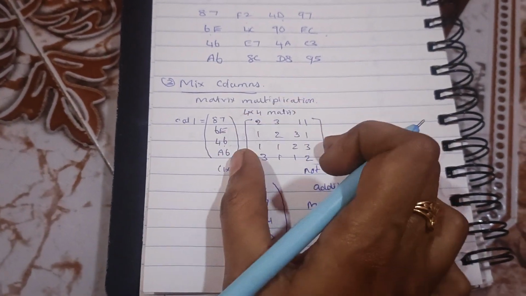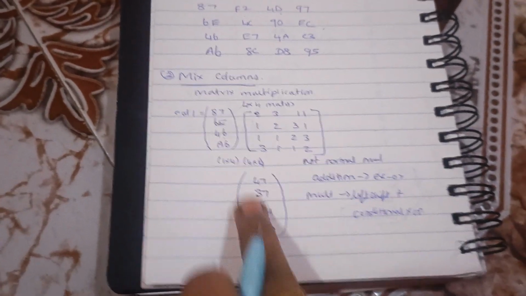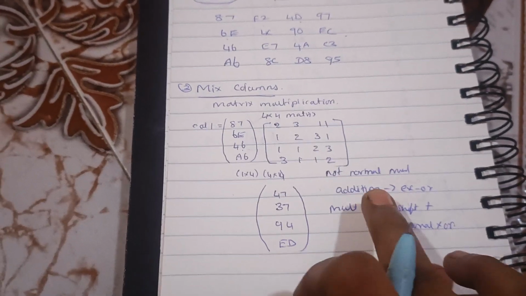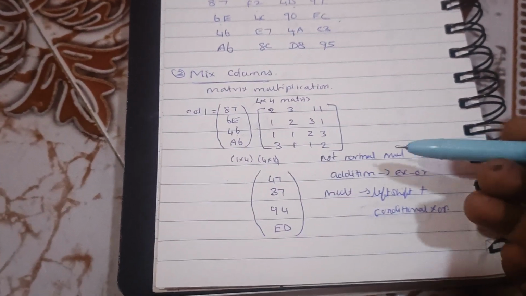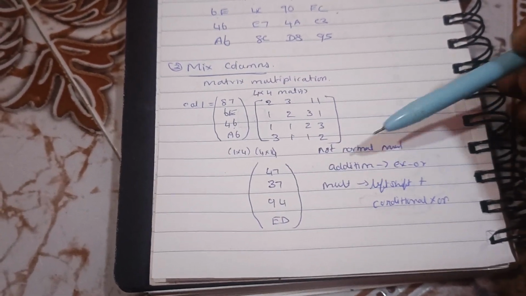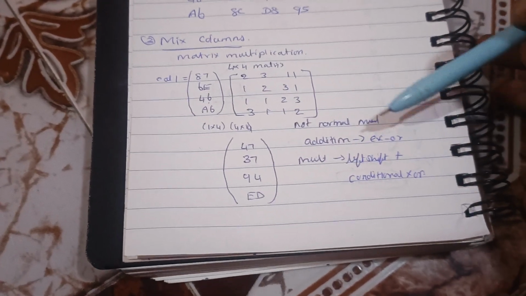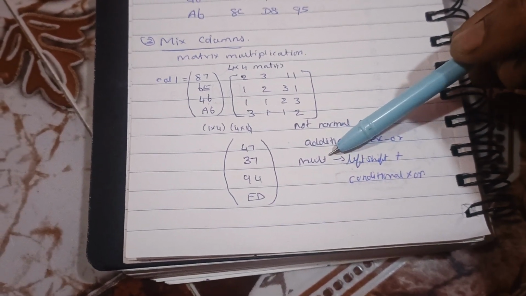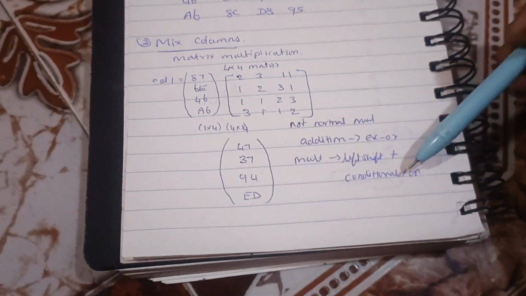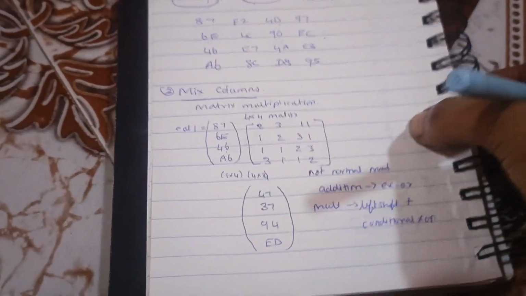Every column will get multiplied with this standard 4x4 matrix and it will give you the answer. In this case, it is not normal multiplication. In matrix multiplication we perform addition and multiplication, right? In the place where addition is coming, we are performing the XOR operation, and in the place where multiplication is happening, you have to perform left shift plus conditional XOR. This is called the mix column step.